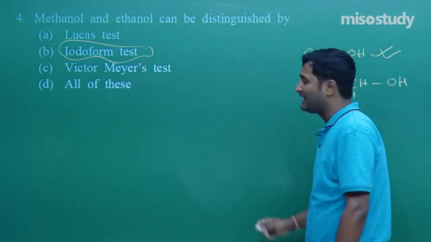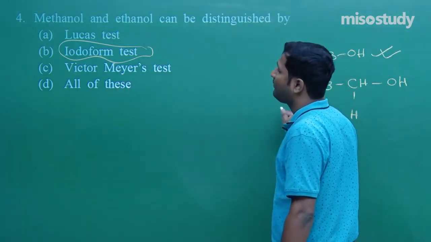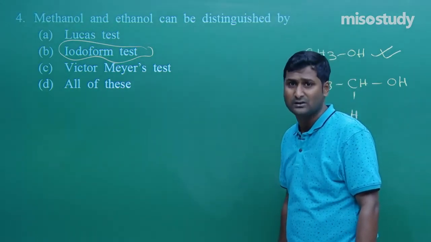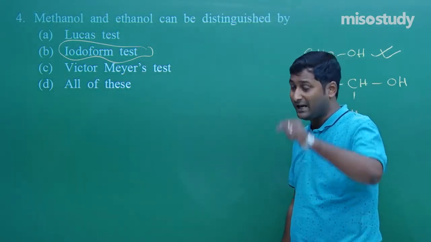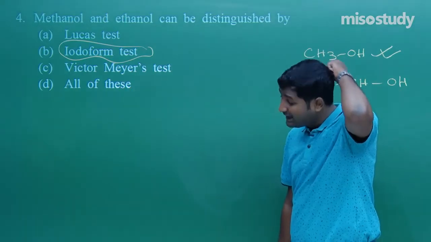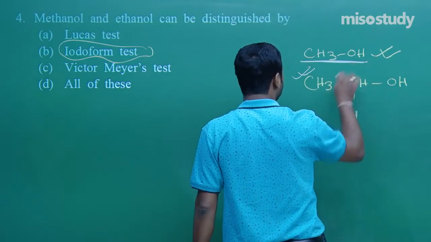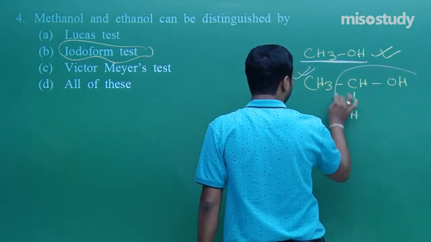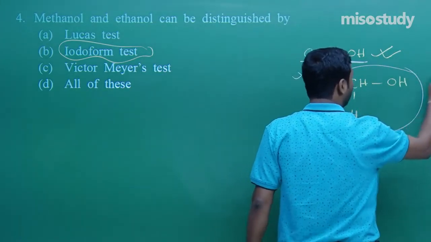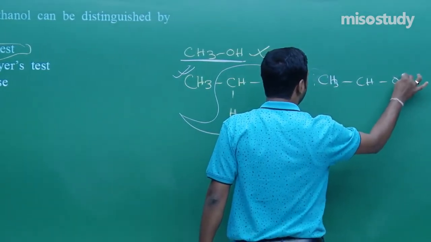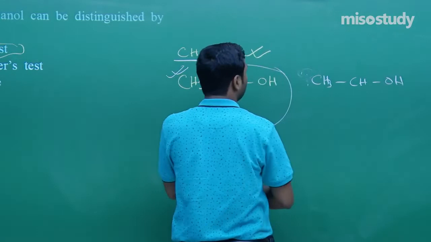Due to this reason, ethyl alcohol performs the iodoform test. The iodoform test is generally for aldehydes and ketones, but in the case of alcohol, it can be represented like this, the CH3CHOH linkage. Clear to you?